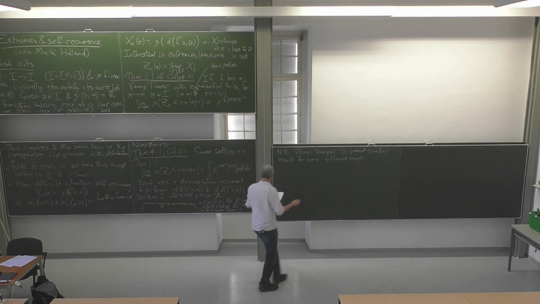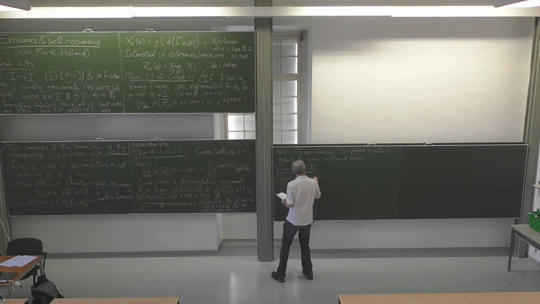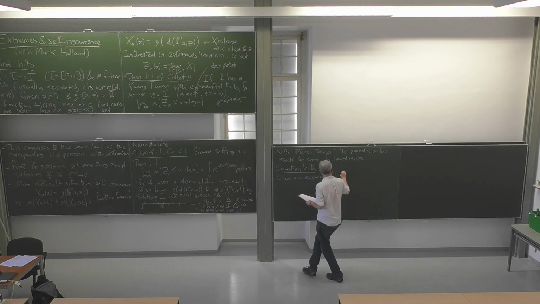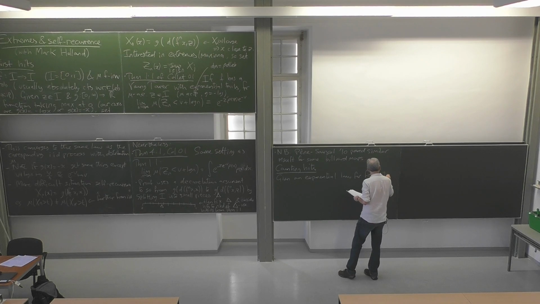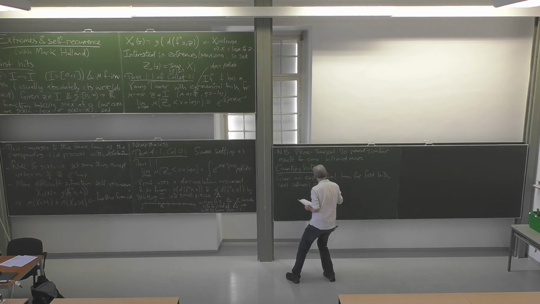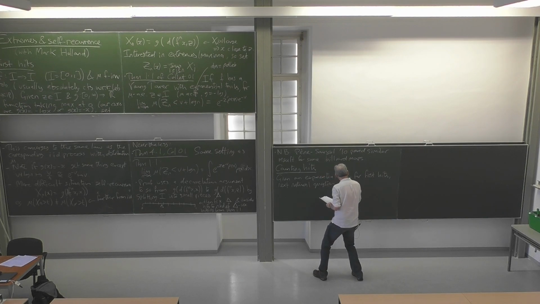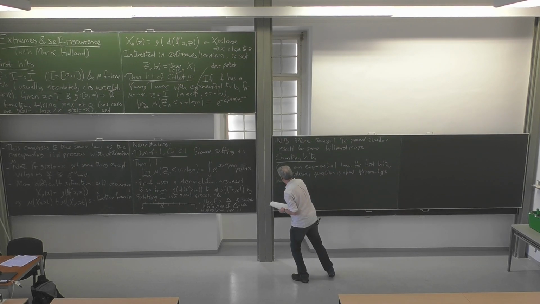Yeah, so the next question then is, how about counting hits? Okay, so as I say, given an exponential law for first hits, the next natural question is about Poisson type laws, or numbers of hits.